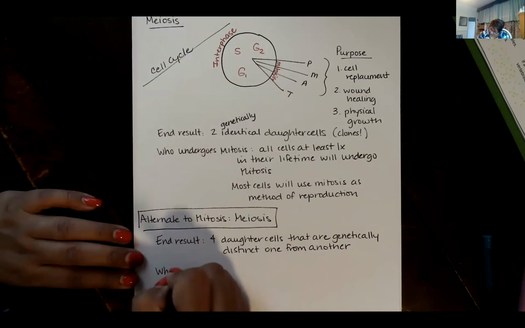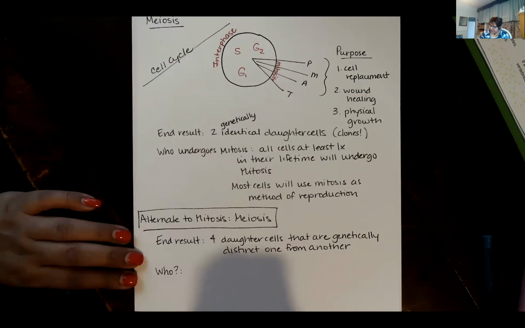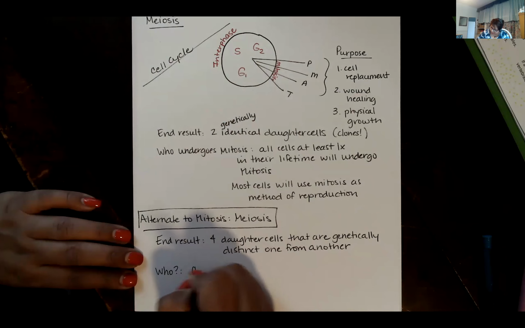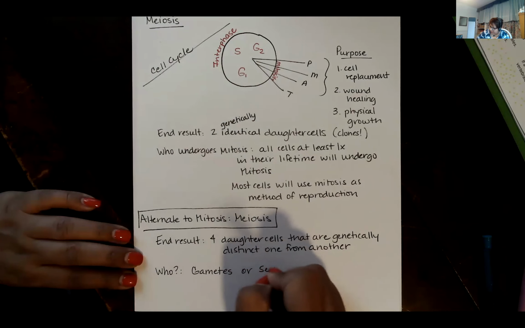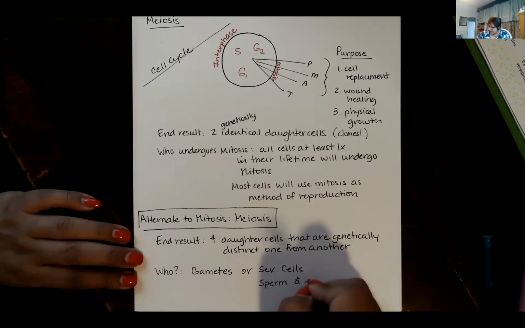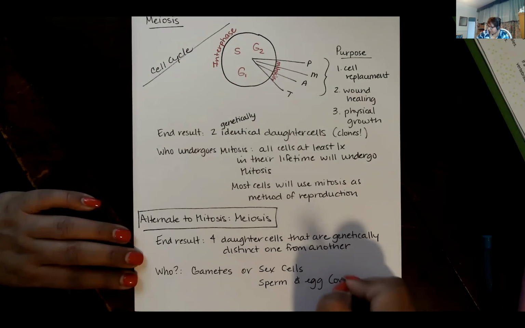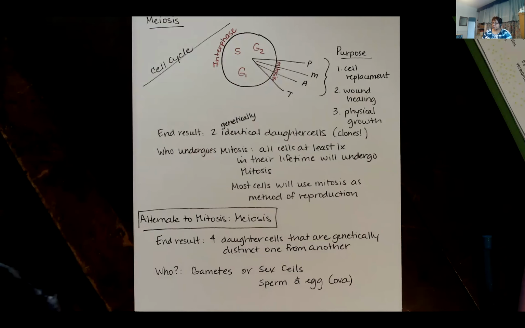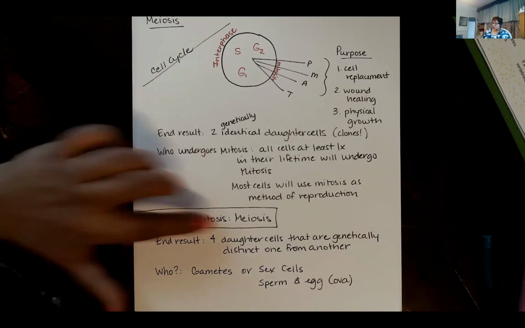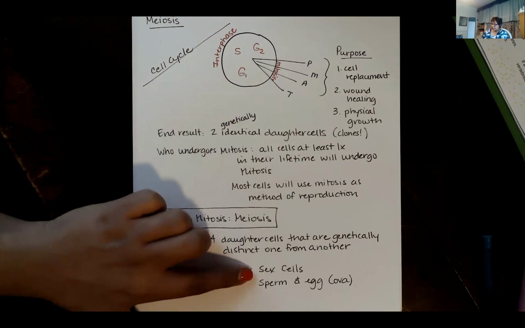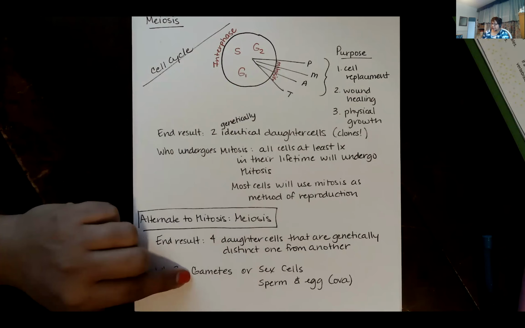So who undergoes meiosis? The answer is what we call gametes, another word for sex cells, in other words, sperm and egg, or ova. So we often say that mitosis is for body cells, whereas meiosis is for sex cells or gametes.